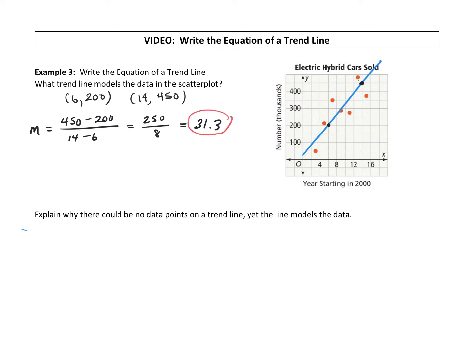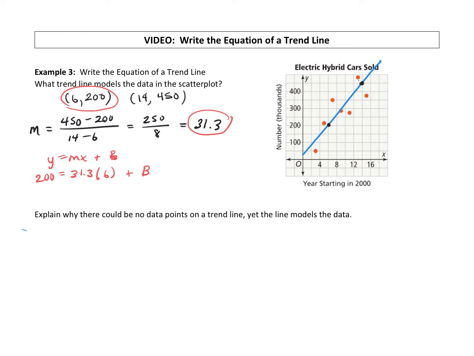All right, so we're going to take the slope, and I'm going to take one ordered pair. Maybe I'll just pick the one with smaller numbers. And now I'm going to plug into y equals mx plus b so that I can find the y-intercept. So I'm going to take the y value from the coordinate, which is 200, equals our slope, 31.3, times the x value of our coordinate, which is 6, plus b. Oh, my b's and my 6's look the same. It's not technically a capital B, but I'm just going to make it a capital B so I don't get confused.